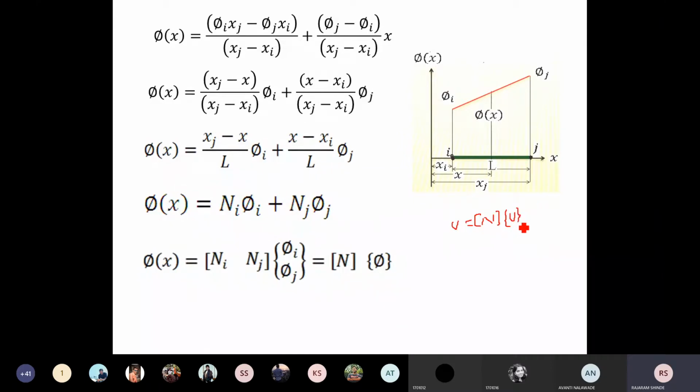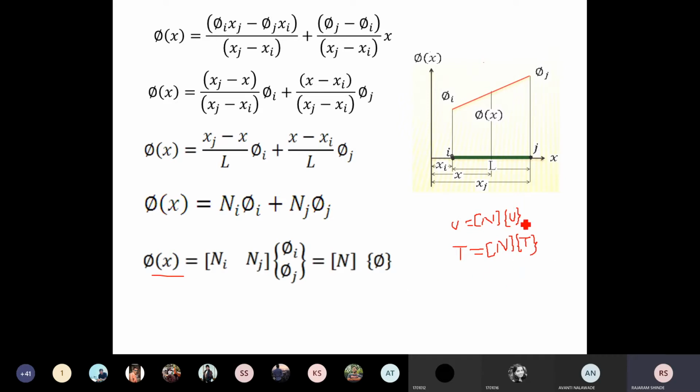Now if we go for the thermal discipline, it is T is equal to N into the T matrix. Have you got it? This is a general field variable and these are the specific disciplines' field variables.